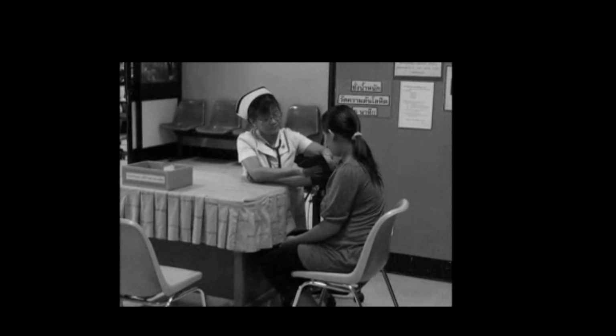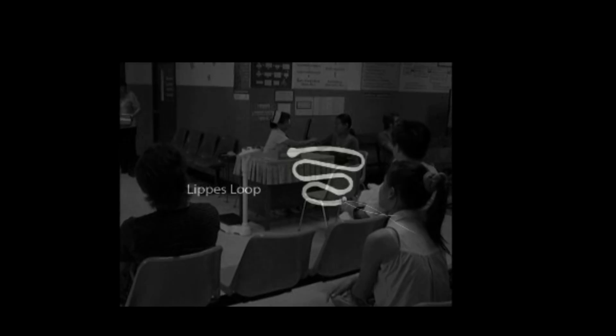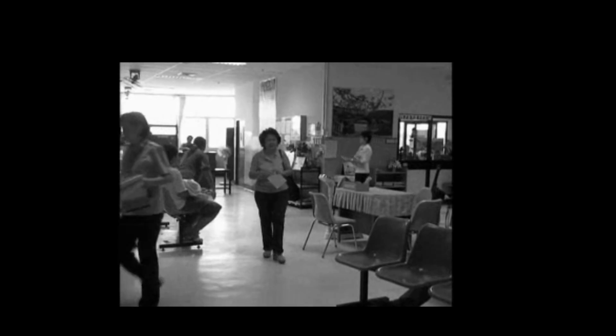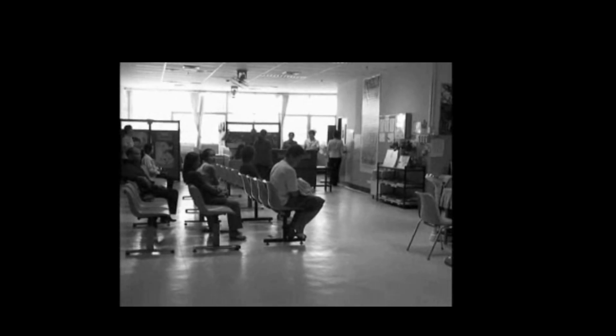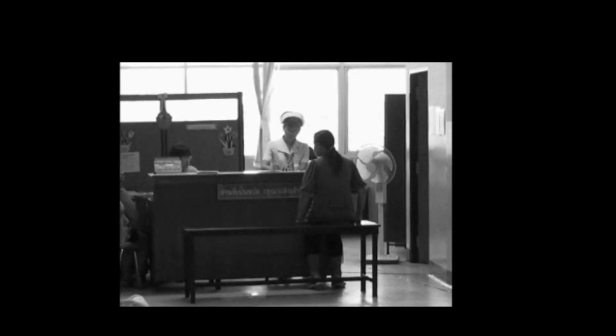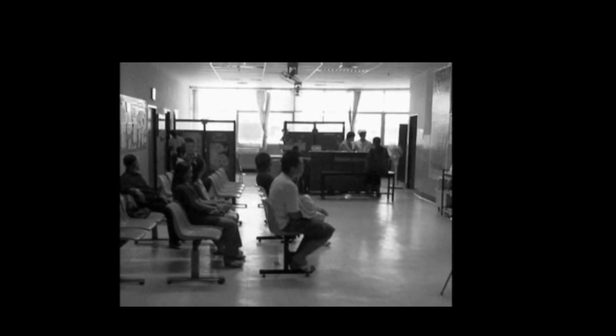IUD technology has come a long way since the first plastic devices, such as the Lippes loop, appeared on the scene in the 1960s. Towards the end of that decade, it was discovered that adding copper to the plastic made the IUD more effective in preventing pregnancy and caused bleeding problems to occur less frequently. The first copper-bearing IUDs were produced in the early 1970s, but they required replacement every 2 to 3 years. Further research at the end of the 1970s produced IUDs with larger quantities of copper.